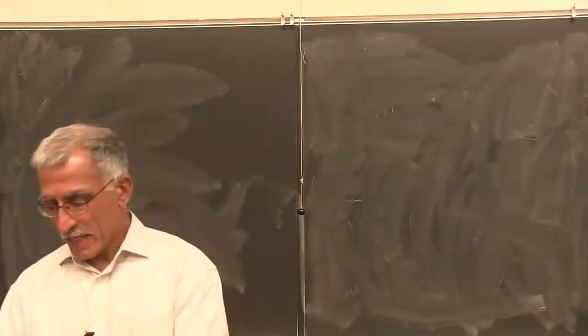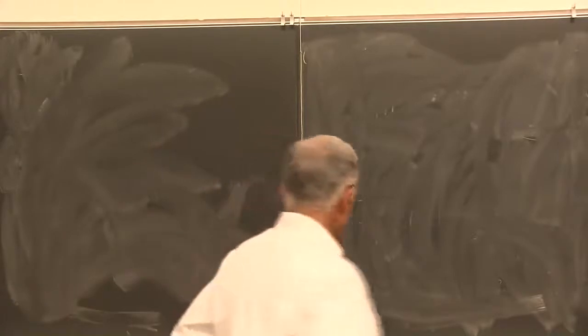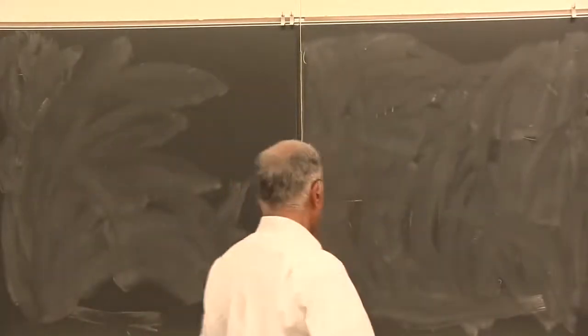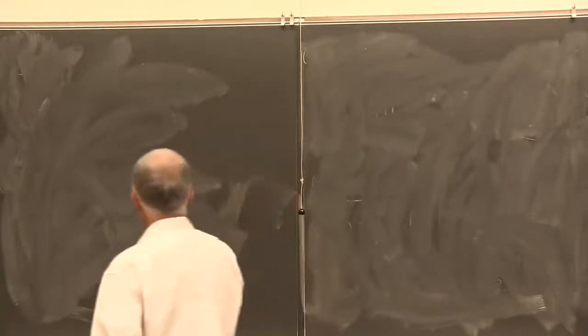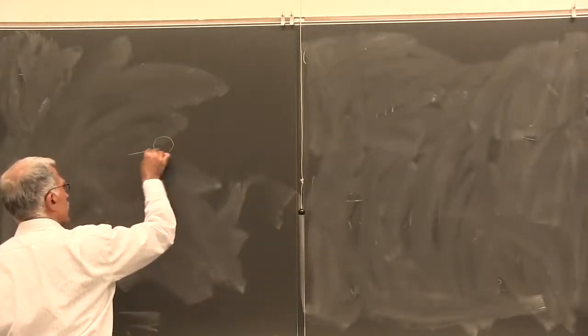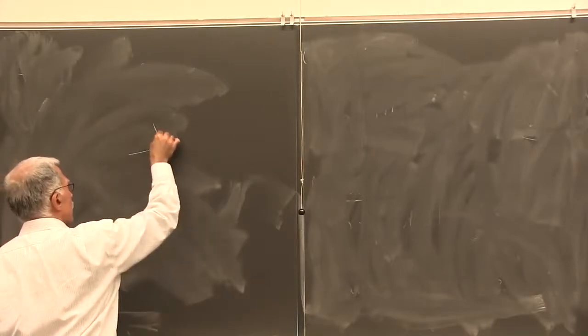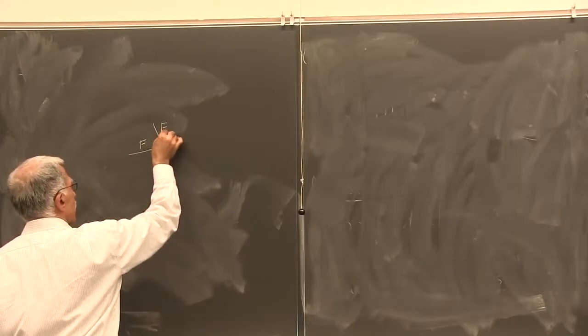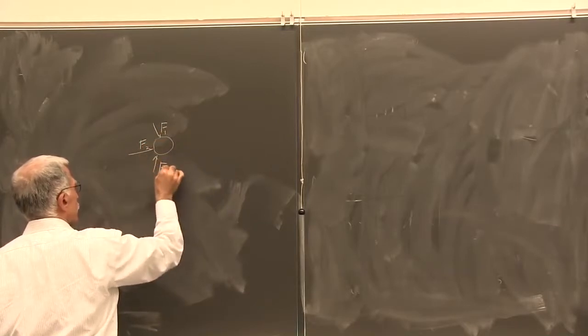And so last time we discussed the kinetics of the particle. And we said that basically you identify the forces that act on the particle. You identify all of the forces, F1, F2, F3.